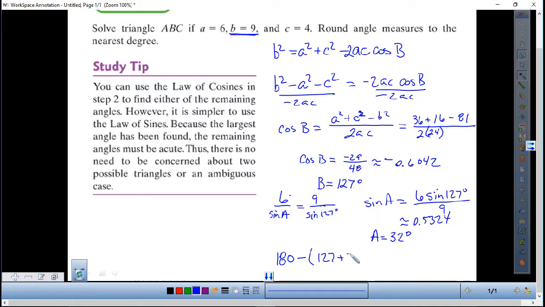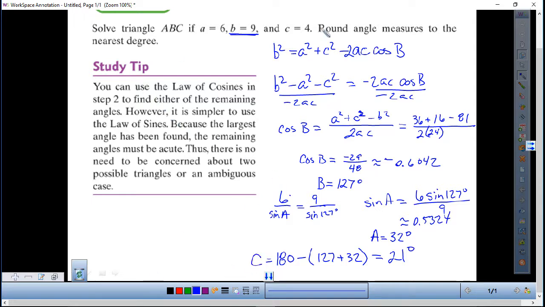127 plus 32 is going to give you 159. 159 minus 180 is going to give you 21. Of course, that is angle C, the one angle we don't know.